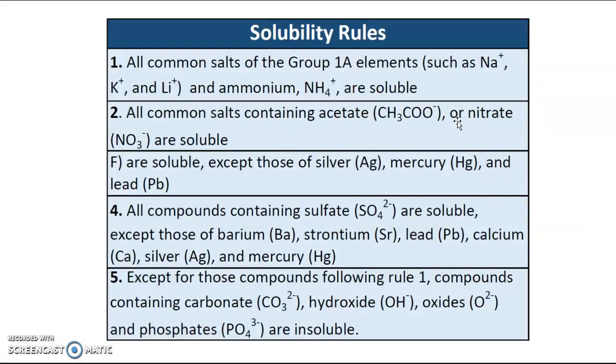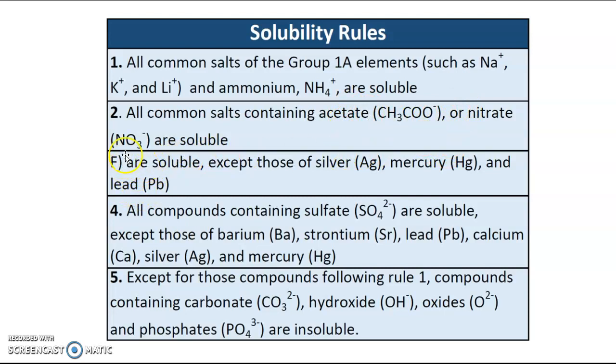The solubility rules were used by us before when we were studying the net ionic equations, and we observed that all common salts of the group 1A elements as sodium, potassium, and lithium cations, and also ammonium, are soluble, always. All common salts containing acetate or nitrate are soluble.